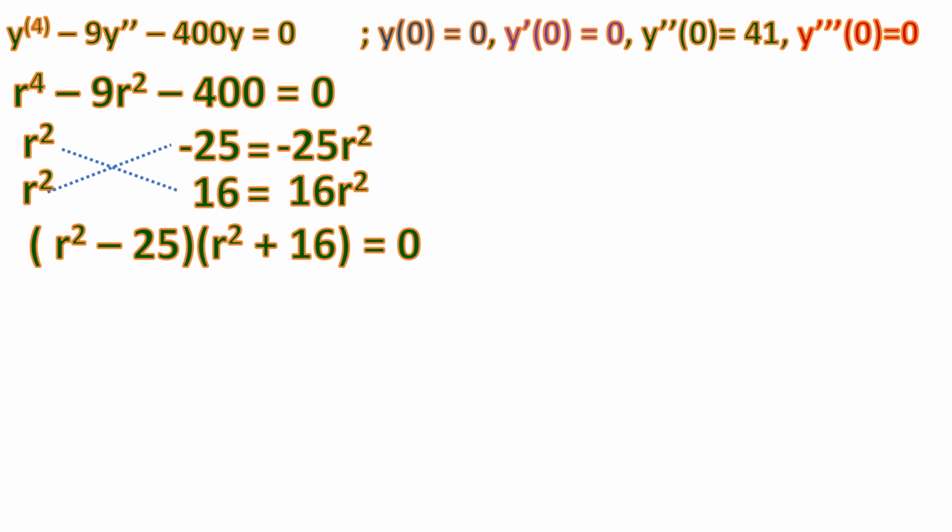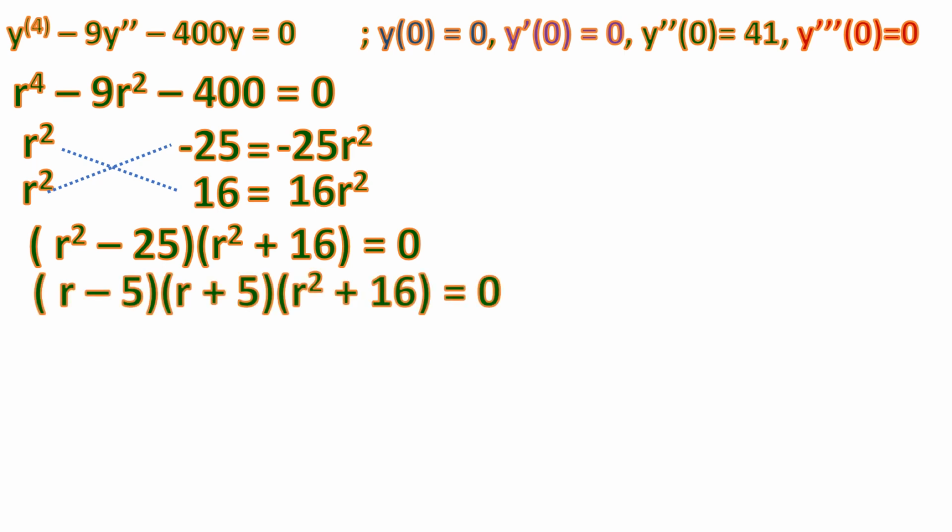And so we're gonna factor the r squared minus 25, it's a difference of two squares, r minus 5 times r plus 5. But r squared plus 16, you cannot factor that because it is not a difference, it is a sum. But still you can get the value for r.